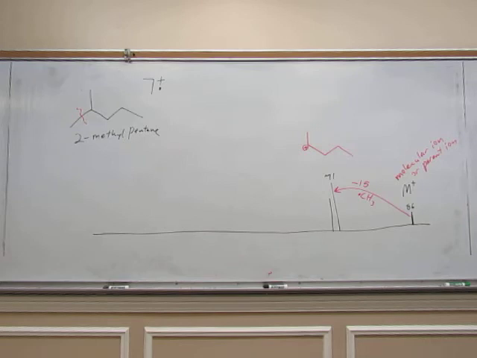Loss of 44 is pretty common. That's a neutral carbon dioxide. 45 is an ethoxy group. 46 is a nitro radical. Nitro group coming off as a radical.